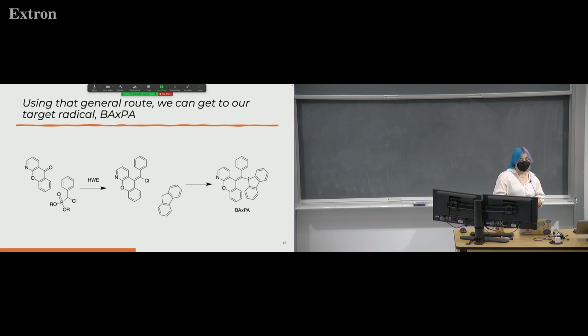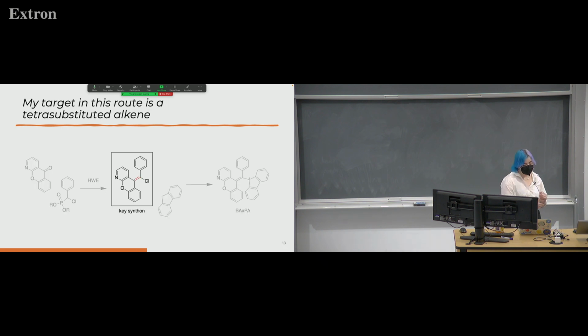And so it seems simple when I break it down into these steps, but this is a long process. And so for my portion of this project, I have been focusing on getting to this tetrasubstituted alkene as my key synthon, particularly concerning the formation of the double bond that I've highlighted in red.